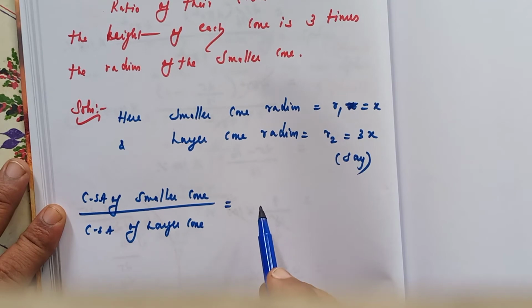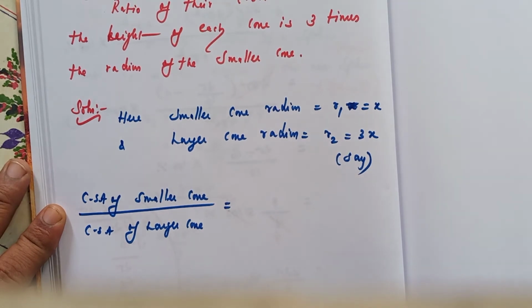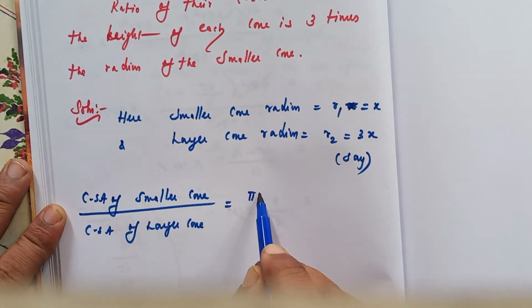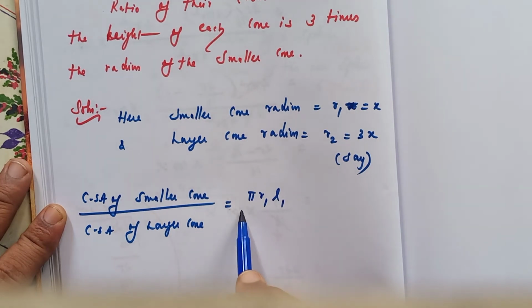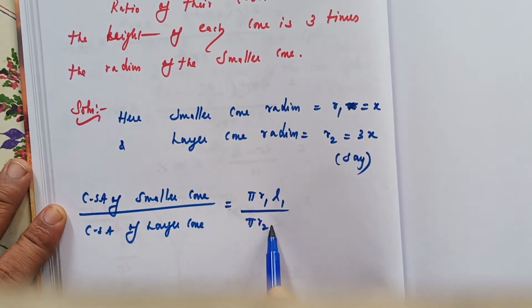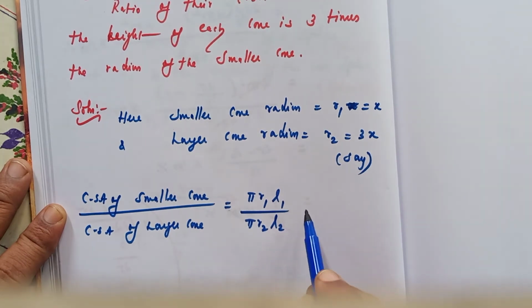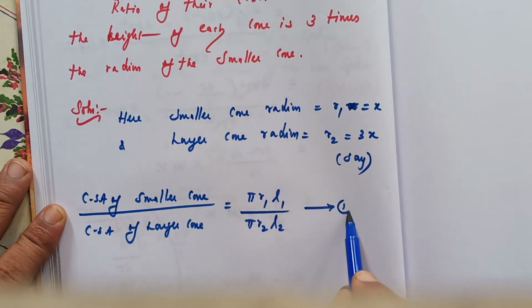CSA formula of a cone is pi r L. I write here pi R1 L1 over pi R2 L2. Let it be number 1.